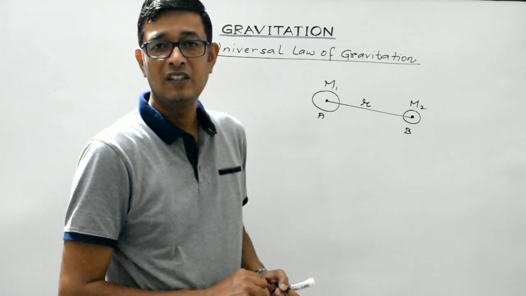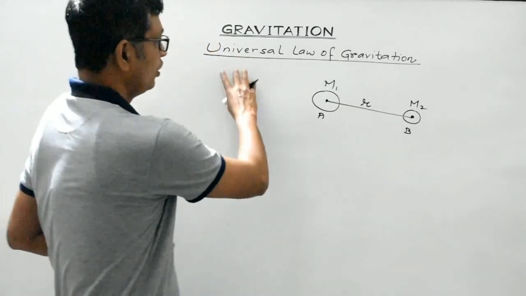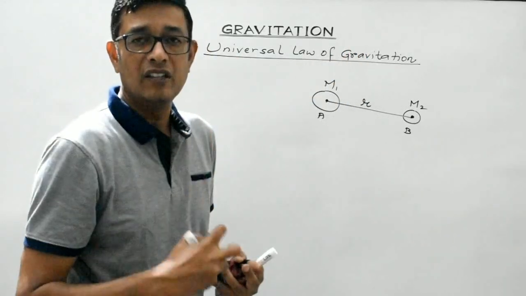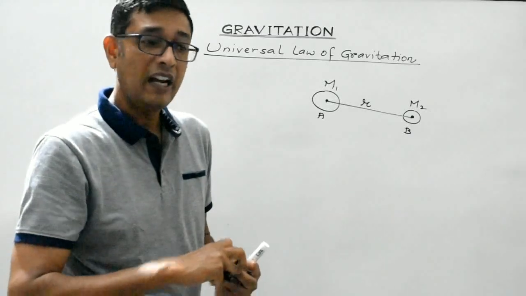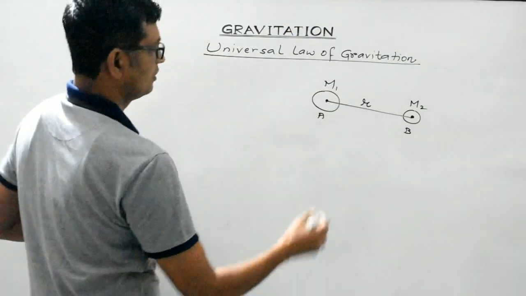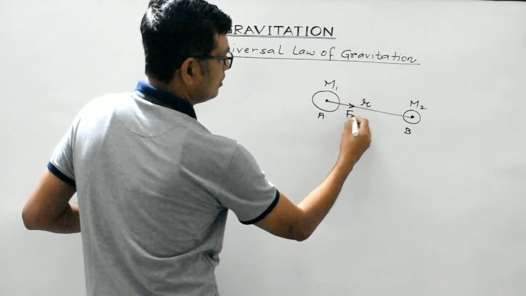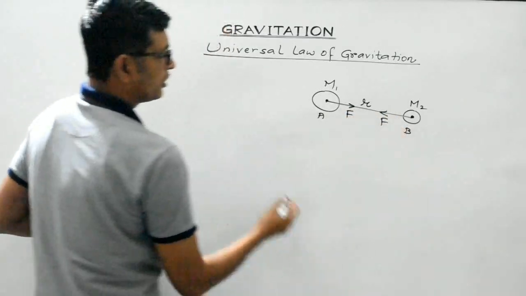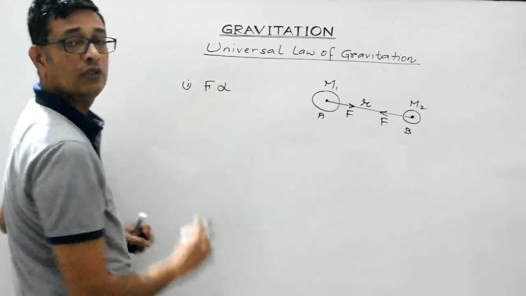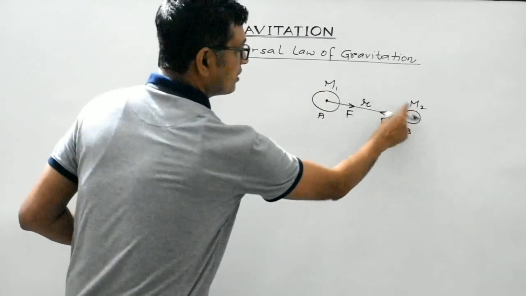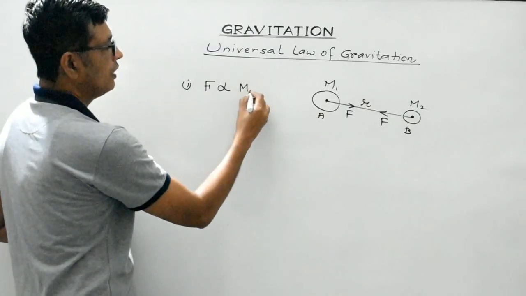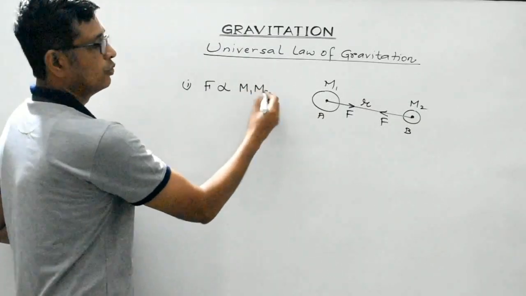Clear, students? So, the universal law of gravitation states that every body in this universe attracts every other body with a force which is directly proportional to the product of the masses of the two bodies. That is, it is directly proportional to M1 into M2, right?